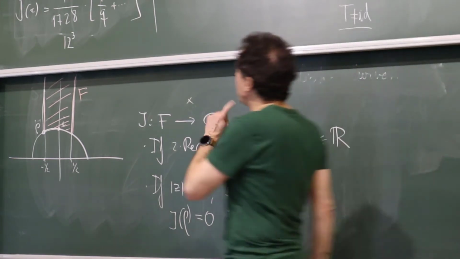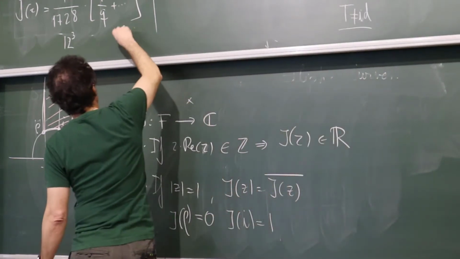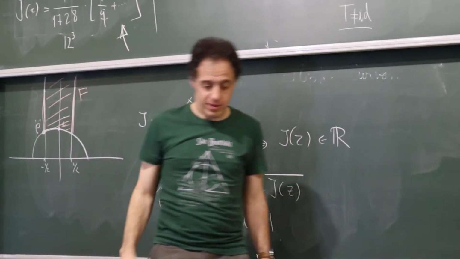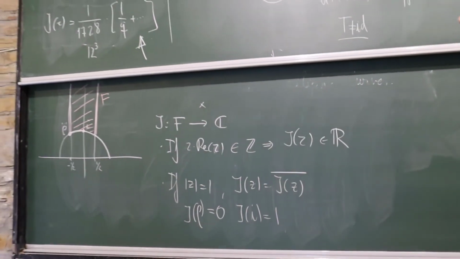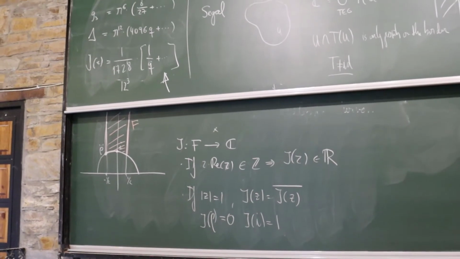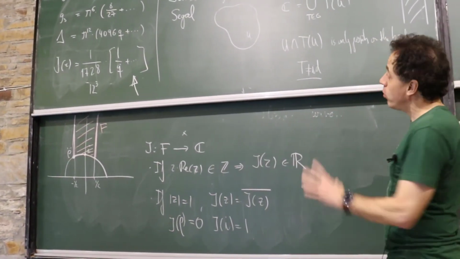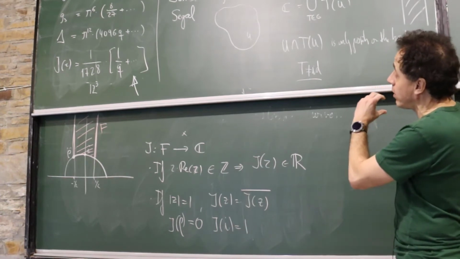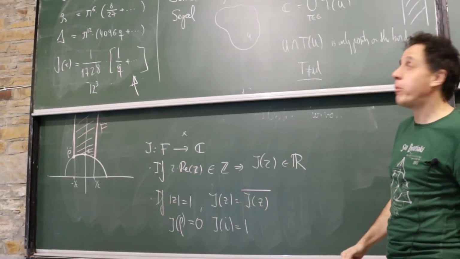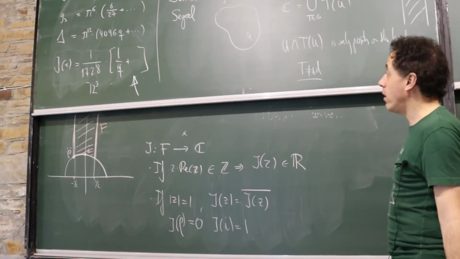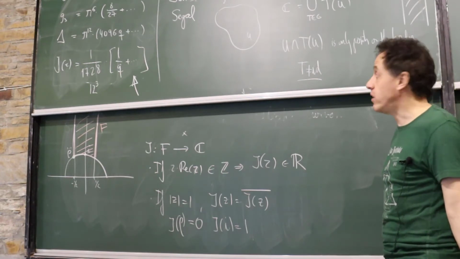Now, using this series expansion around the origin in terms of q, note that when q approaches 0, J goes to infinity.